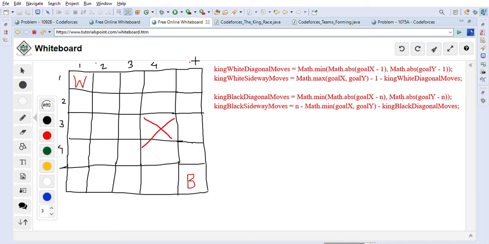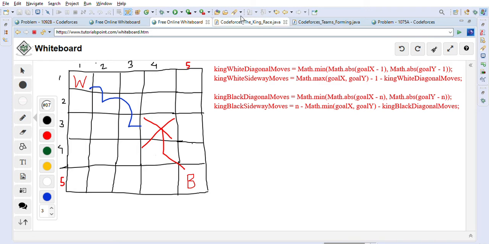This one is 5 and this one is also 5. Now as you can see, black king can reach there quickly, right? In two moves he will reach there, while for white it will take 1, then 2 and 3. So black will reach here fast. So black king will be the winner in this case.